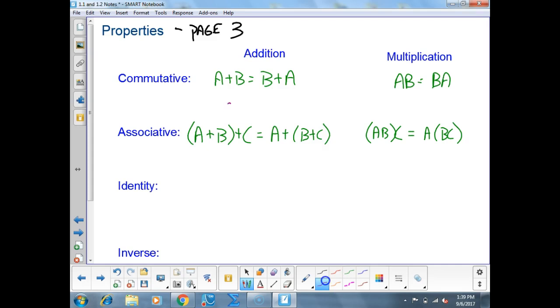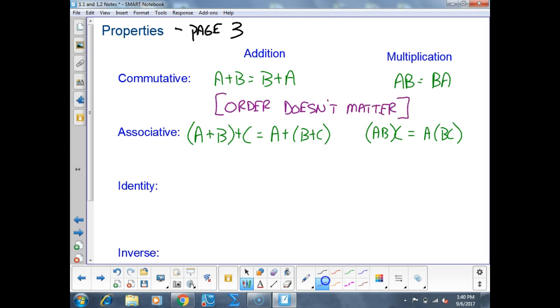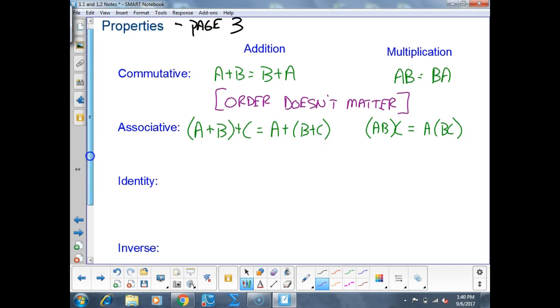Doesn't matter what order. That's what it's telling you. It's telling you both of those are saying order doesn't matter. Okay? Then we went to the identity property.